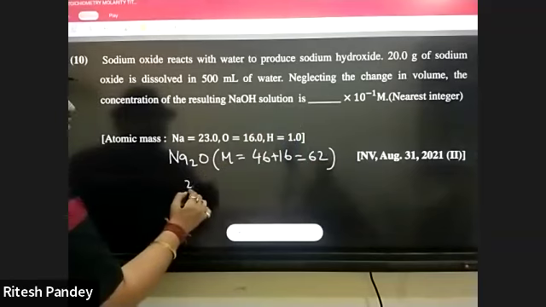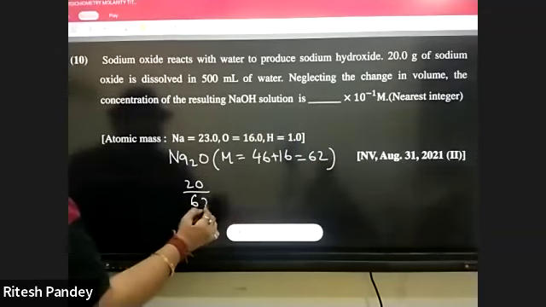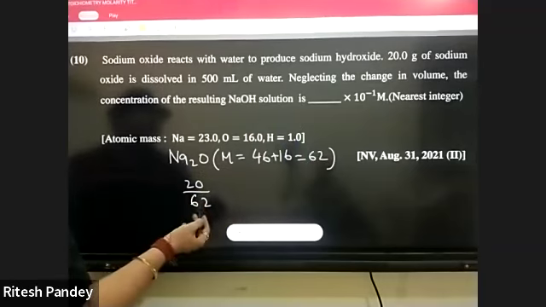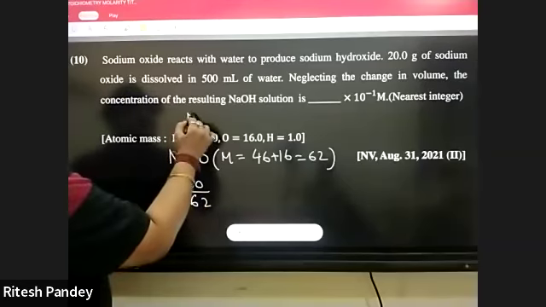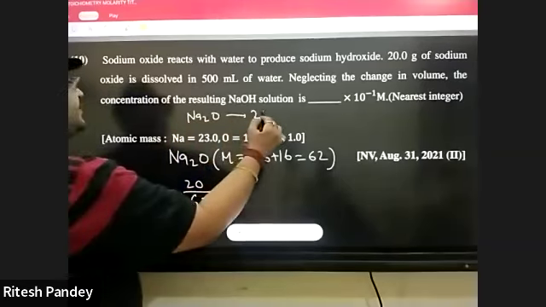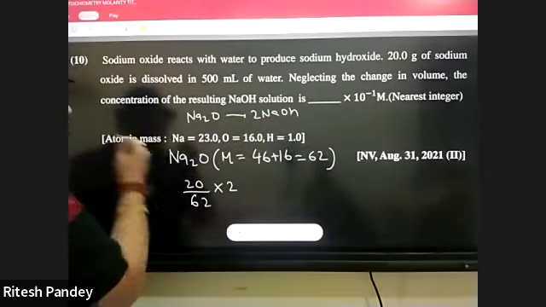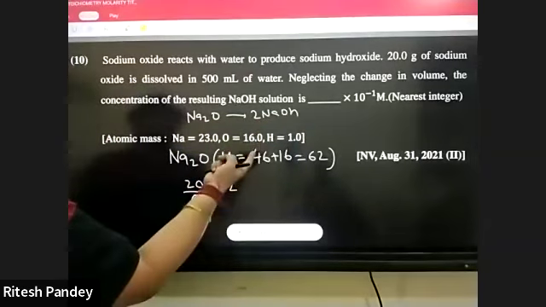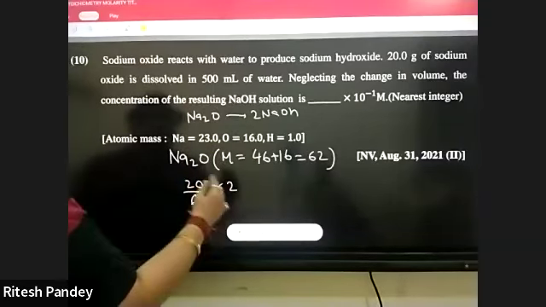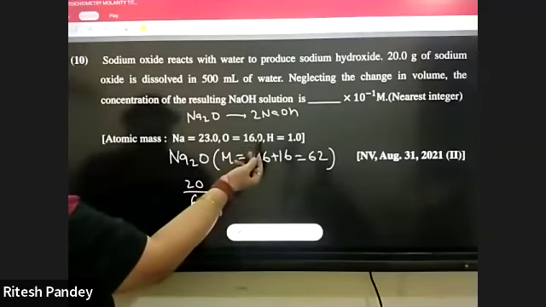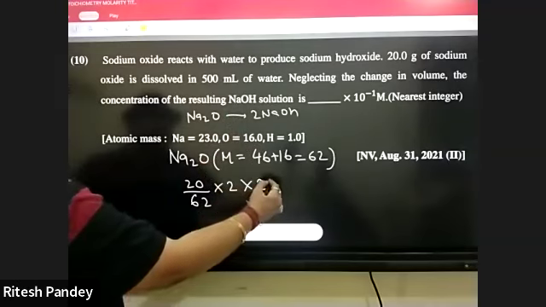So it seems to be a little bit of uneven calculation. 20 by 62 would be the number of moles of Na2O, and every Na2O would give you 2 NaOH. So the number of moles of Na2O into 2 would be the number of moles of NaOH formed. And because it's 500 ml of water, you might want to multiply again by 2 to get the molarity.